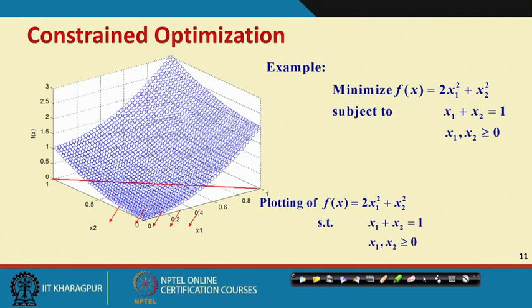See this constrained optimization problem, where the function is 2x1 + x2 subject to these constraints, and this is the plot. This is the xy plane, and f(x) is plotted on this. Since it is a minimization function, we have to see that this is our solution space, and within this solution space we look for the minimum value of this function. Incidentally, this happens at 0 probably, but anyhow that is a particular problem.